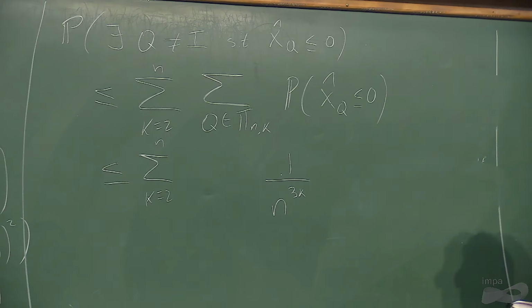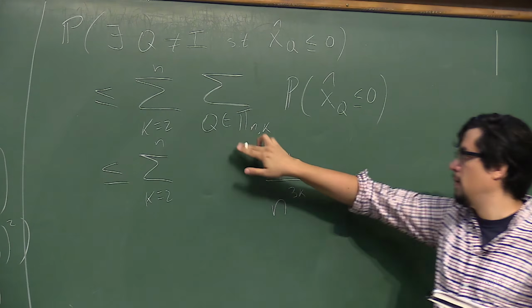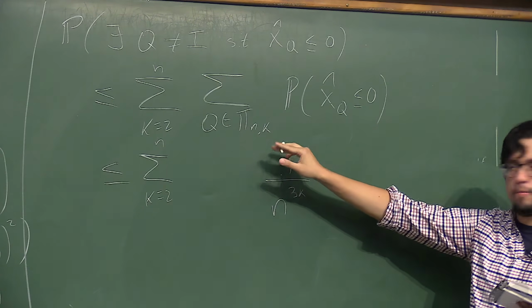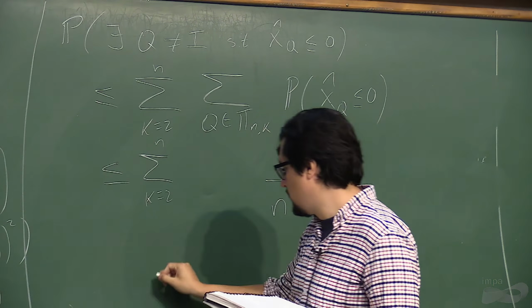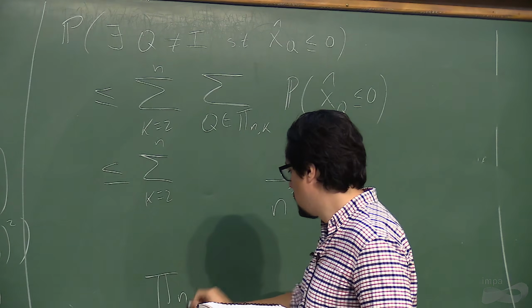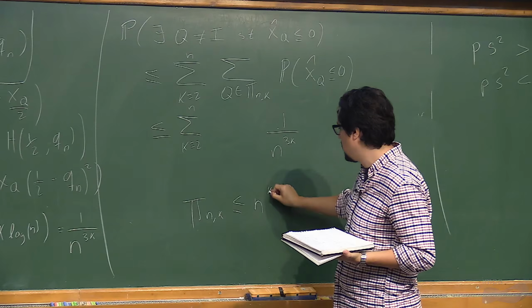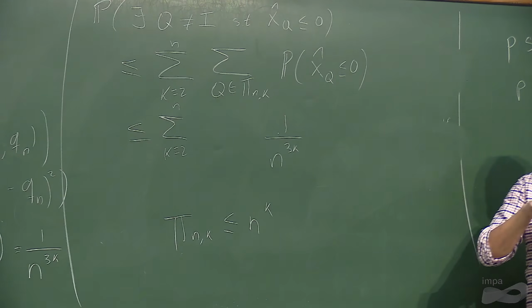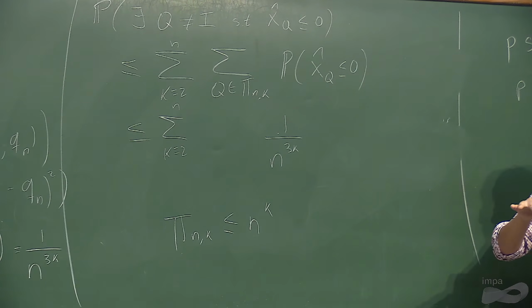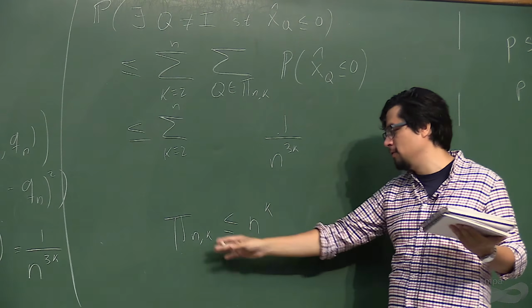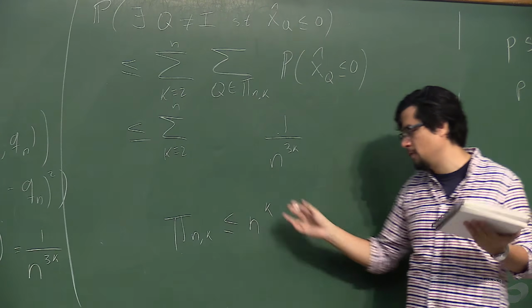And we just need an upper bound on the number of permutations of size k, which is upper bounded by n to the power of k, right? So we're just flipping k vertices. As worst case scenario for each of these k vertices that we're flipping, we have n possibilities.